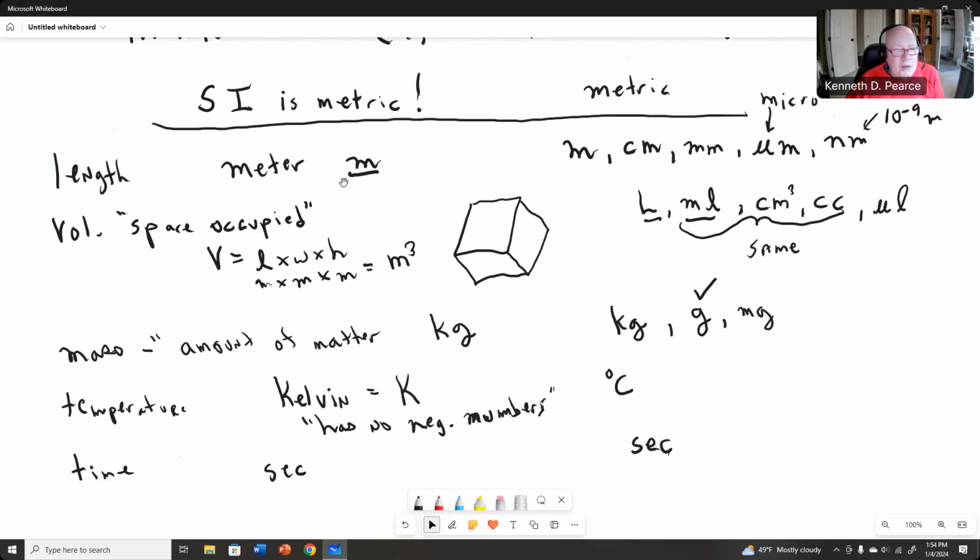We're not going to worry too much about the SI units, but it's important to know which ones to use. And like I said, there are going to be situations where you have to use SI units, particularly with gas law calculations, and there's a couple others, but mostly it's the gas law calculations where you have the trouble.